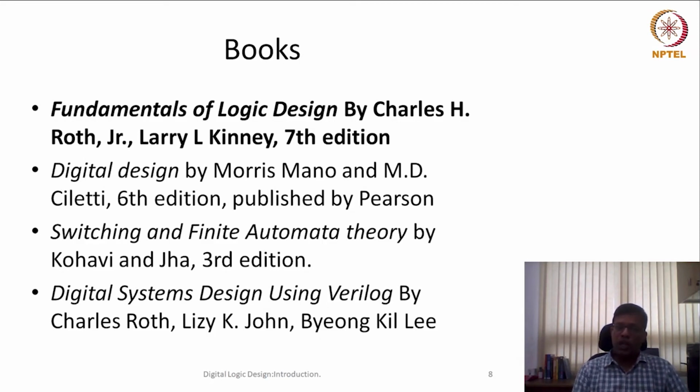All of these 4 books are available online, so you can search on Google and get a PDF of all 4 of them. If you're not able to get them, then shoot me an email or ask the TA, and they will tell you about the PDF.